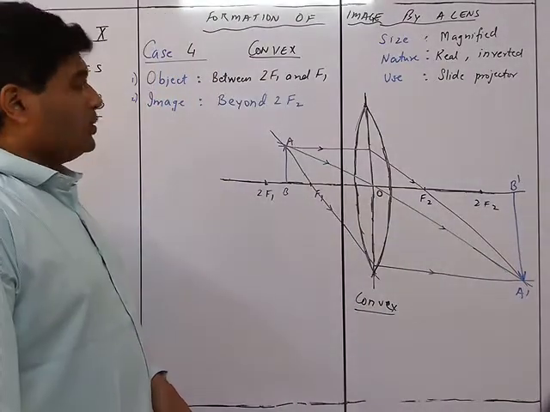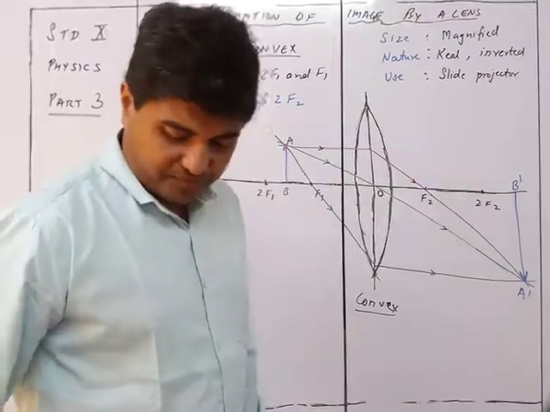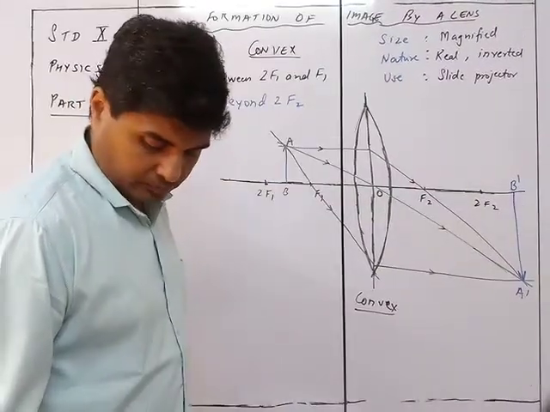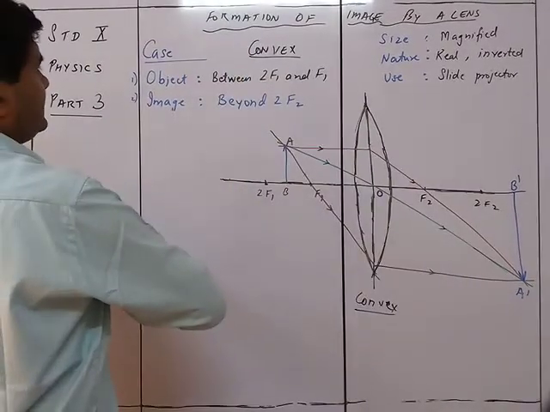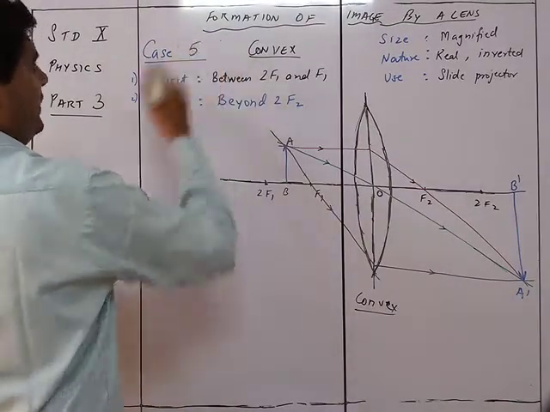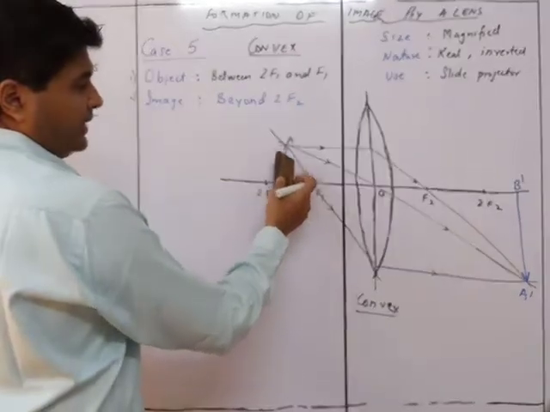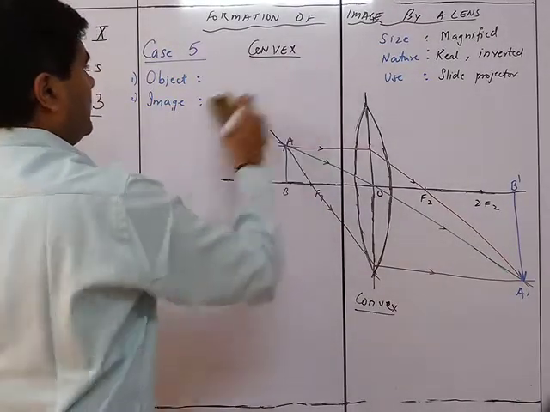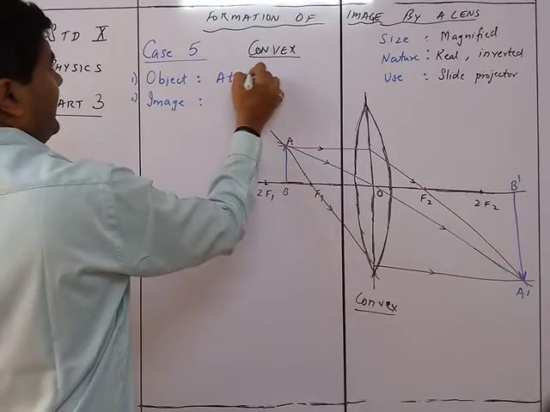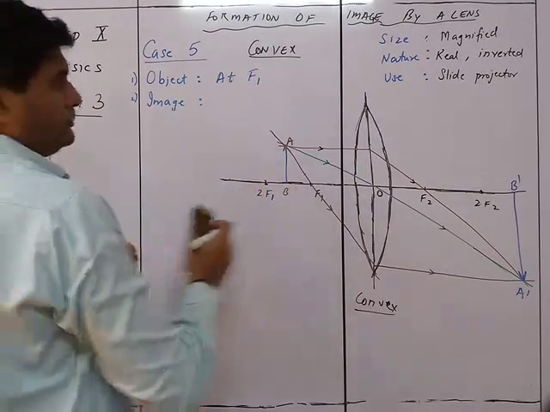Okay, we now move on to case number 5. Okay, case number 5, where of course now the object is going to move on to F1. So this particular thing will be object at F1.